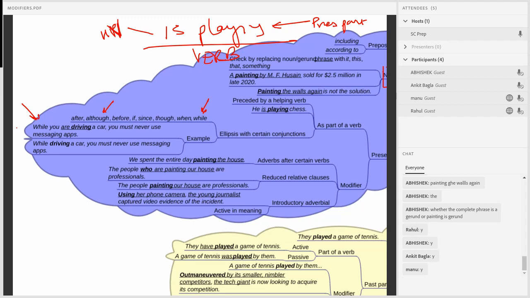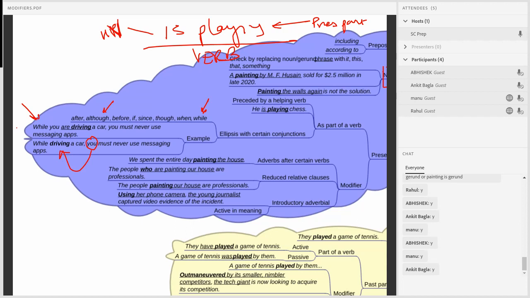Quick check. Is everyone comfortable with this also? Sir, here that rule applies, right, which we discussed with the although, that if that while driving a car part comes later in the sentence, it'll need a subject. Exactly. So over here also, maybe I should have pointed this out. The you part applies to driving also, right?